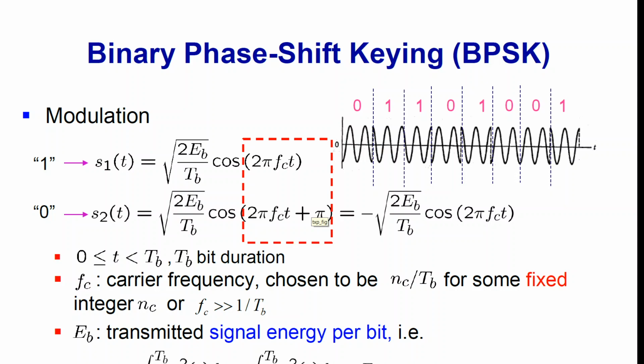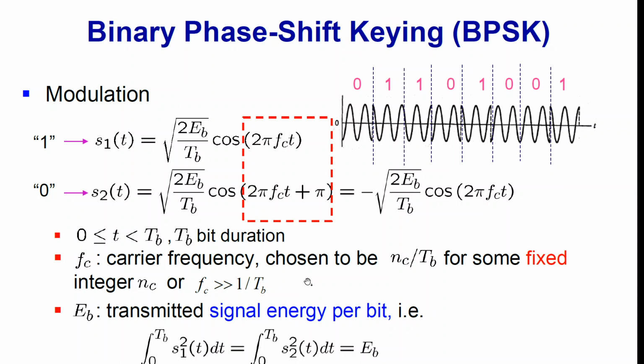Now we will do a mathematical analysis of BPSK. TB is the bit duration, FC is the carrier frequency. FC is chosen to be NC by TB for some integer NC.